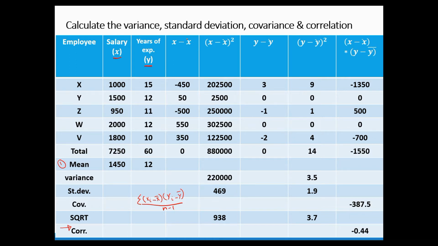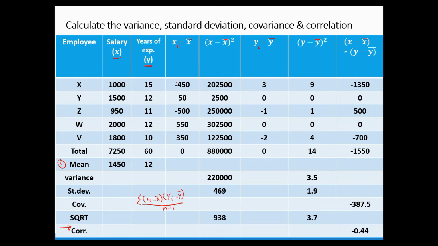We did this in this column, and we multiplied, we get xi minus x bar, then we get yi minus y bar.